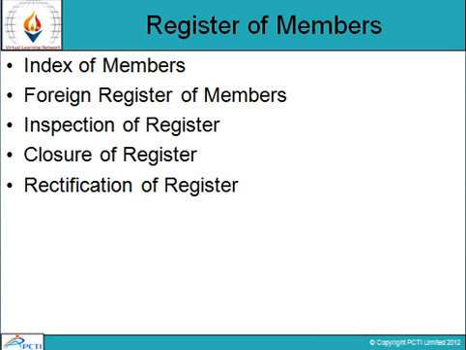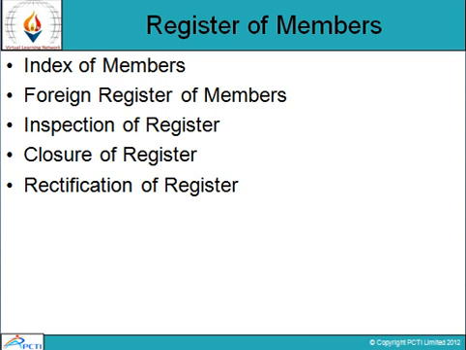Inspection of register. A company's register of members is a public document and open to public inspection. The register of members and index must be open to inspection by members freely and by any other person on payment of ₹10 for each inspection. The register must remain open for at least 2 business hours each day except when the register is closed under the provisions of the Act.